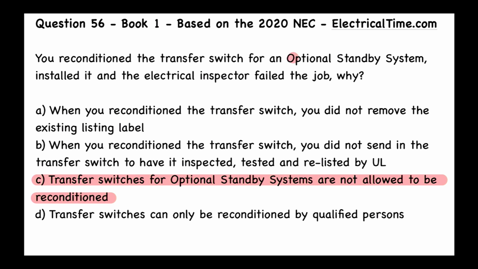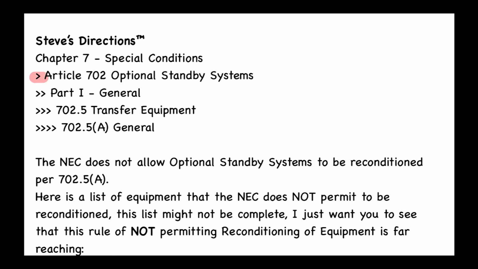In the question, we see optional standby systems, and that is Article 702, within Chapter 7, Special Conditions. In 702, we look at the parts and find Part 1, which is general. Then we find 702.5 for transfer equipment.